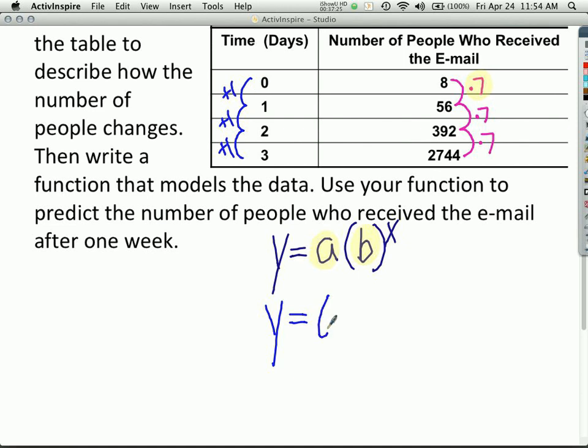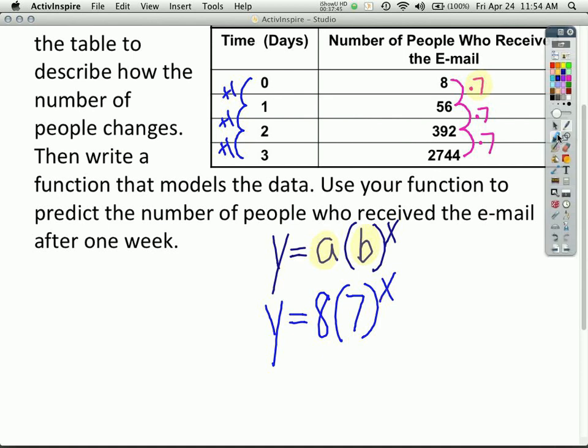So it's 8. And we already know that the constant rate is 7. And so that's our model.